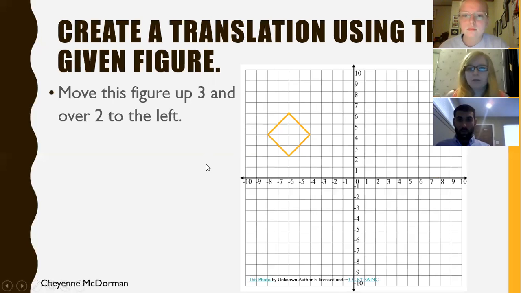So when we move it up 3, the ending points will be -6, 9 on the top and -8, 7 on the left. Alrighty. My bad. And then when you move it over 2, in this case, it'll be -10, 7. Alrighty. Thank you so much. All right, you're welcome.